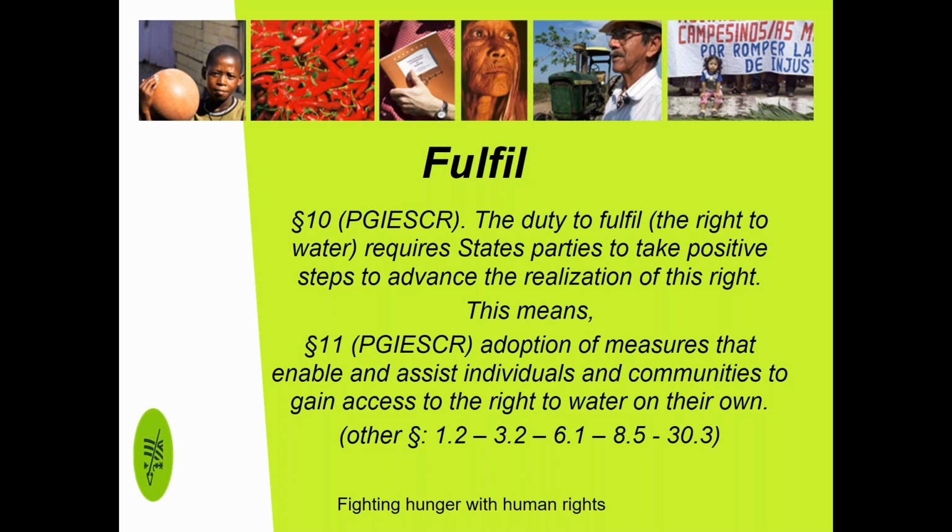So this means, for instance, the state should not take retrogressive measures when it comes to moving forward the right to water. It should make sure that any policy, any step forward, should really promote the realization of the right to water at the country level.